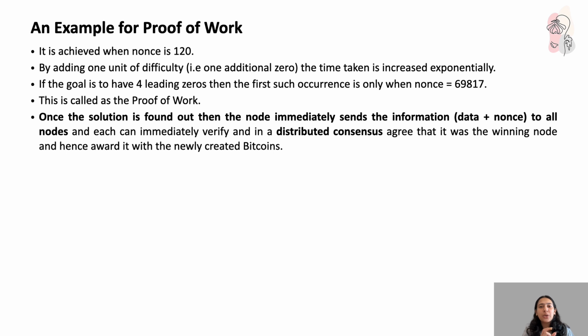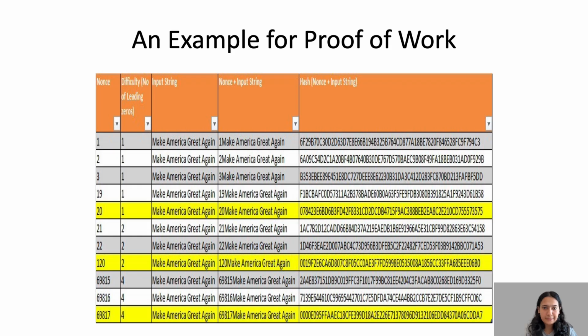Finding the answer to it is difficult, but when I tell you that, hey, the answer for this is x is equal to 0, you just have to plug in the value 0 in place of all the x's, and then just calculate it. And it's easy, right? So that is it. Each of the participating nodes can immediately verify, and the distributed consensus agrees that it was the winning node and hence awards it with the newly created bitcoins.